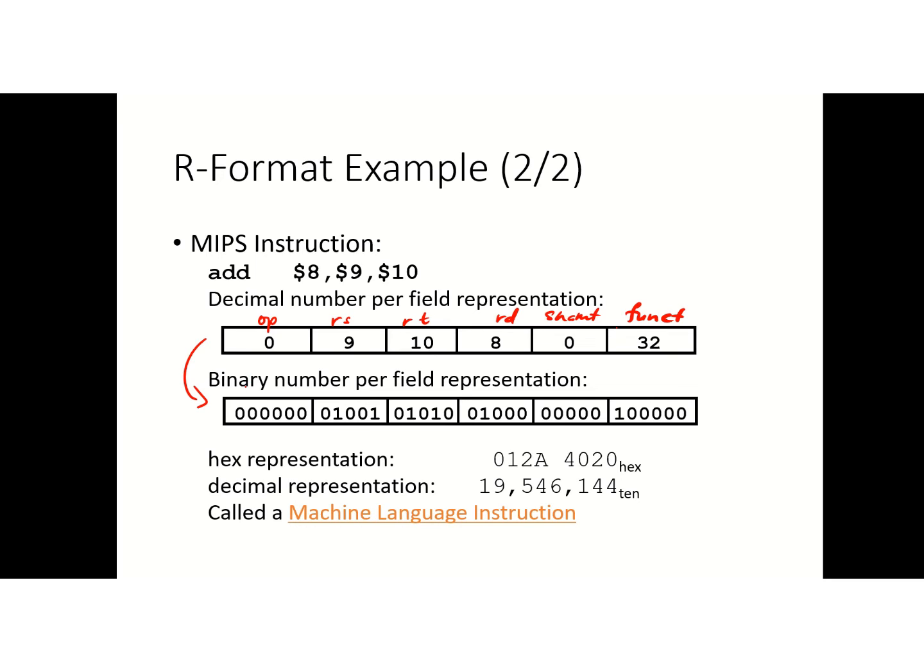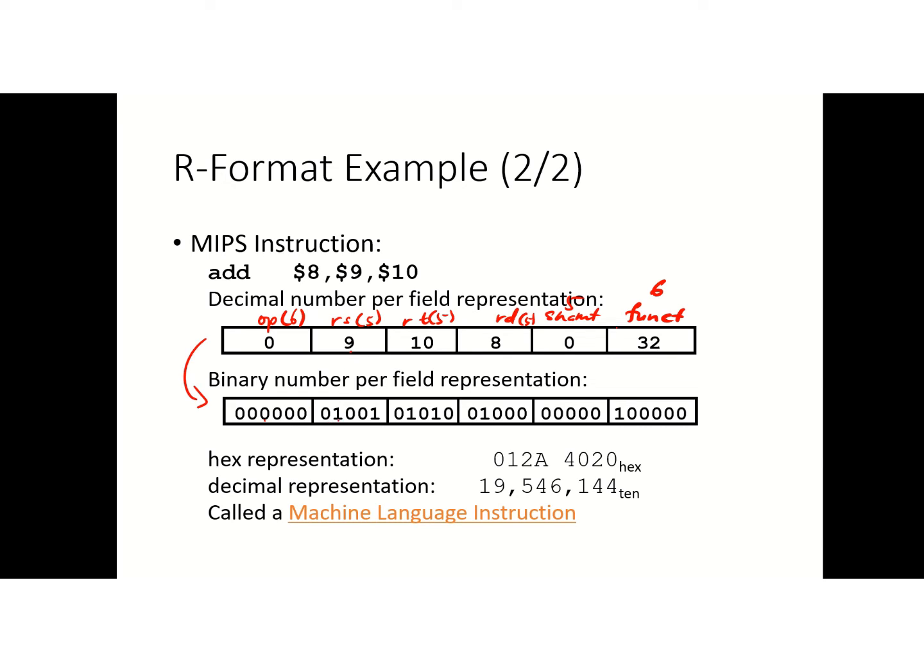It must be in a binary number per field representation. So remember the size of each field. Opcode contains 6 bits, RS contains 5 bits, RT 5 bits, RD 5 bits, shift amount also 5 bits, function is 6 bits. So the opcode here is 0, so we will get 6 bits of 0.